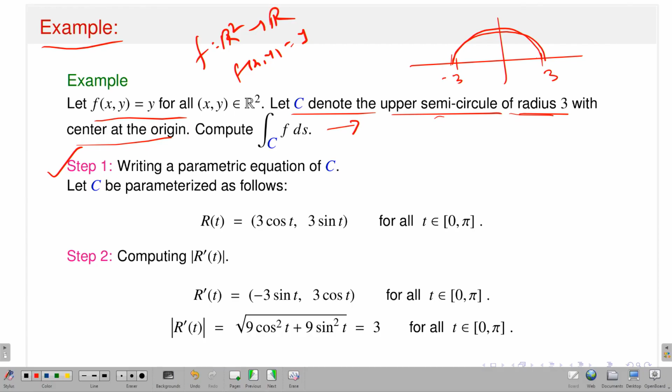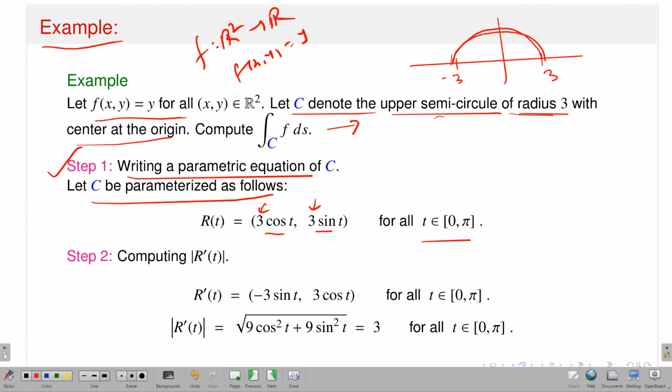Now, what is the parameterization? Of course, in general the parameterization is R of t, which is 3 cosine t comma 3 sine t, and for the full circle, t is from 0 to 2 pi. Now, I am talking about the upper semicircle, that means t runs from 0 to pi. Okay. So, writing the parametric equations of C, C can be parameterized as follows. Look, 3 is coming from the radius, and cosine t, sine t is the corresponding parameterization of the unit circle.